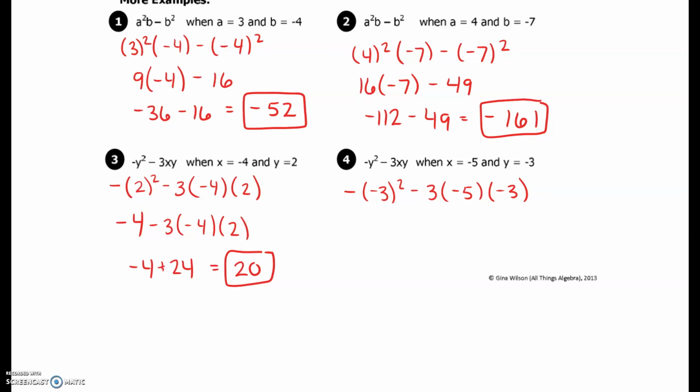Negative 3 times negative 3 is 9. Bring down the negative that was in front of that piece of the expression. And then we will do some multiplication here. Negative 3 times negative 5 is positive 15, times negative 3 is negative 45. So in this case, when I take negative 9 minus 45, the result will be negative 54.